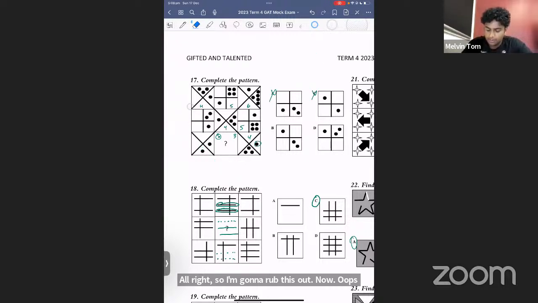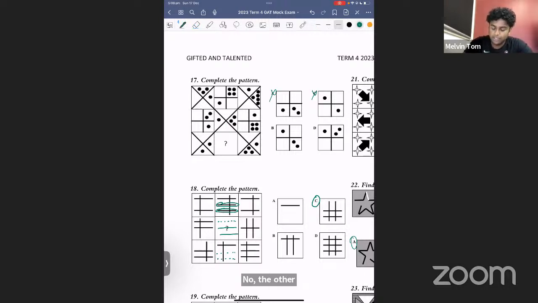Now, for the multiple dots, again, we can assume that they can go in 8 possible locations. The multiple dots in the top row start off here at 1, then go here in 2, and then here in 3. So it's a simple +1, +1 pattern. In the second row, the multiple dots start off here, go here, and then go here.